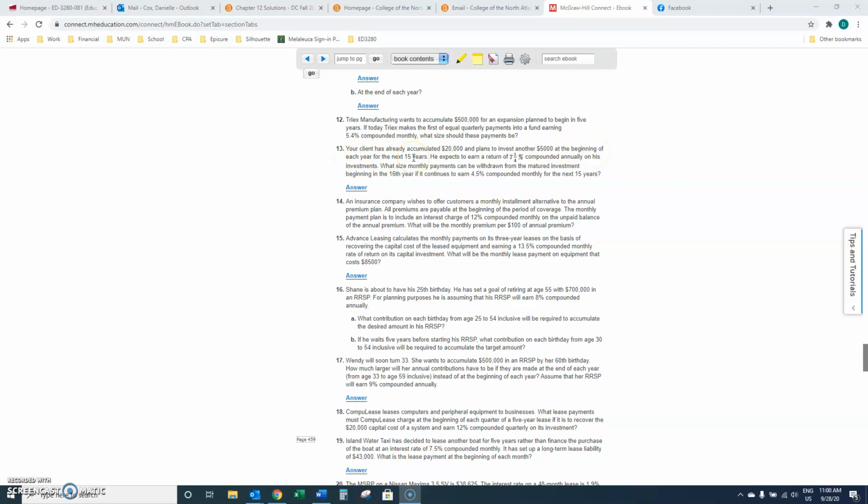The payments are annual, so payments per year is 1. It's for 15 years, so N is 15 years times 1 payment per year, so N is 15. The rate of return is 7.25%, compounded annually, so compounding per year is 1.